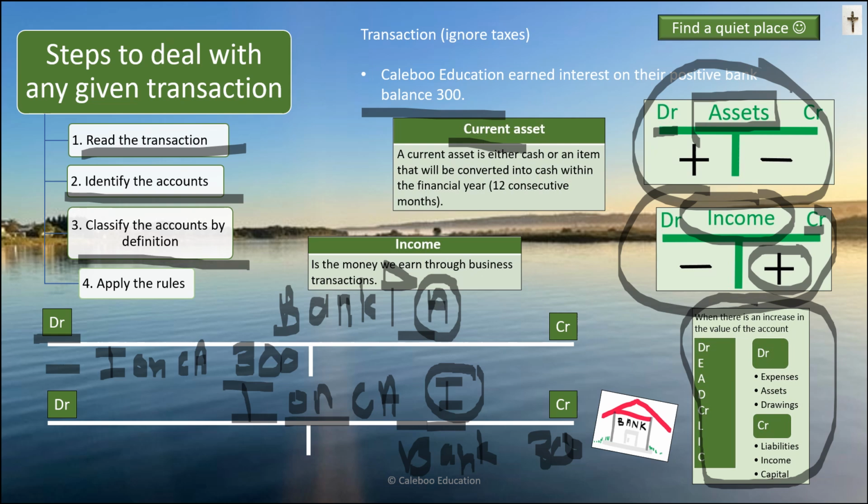We've classified the two accounts involved, and we've applied the rules. So we debited bank, increase in assets, and we credited interest on current account because there was an increase in income. Okay, let's see the neat version of my scribbling.